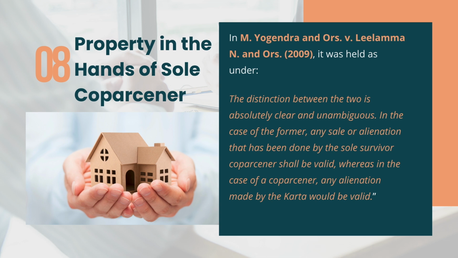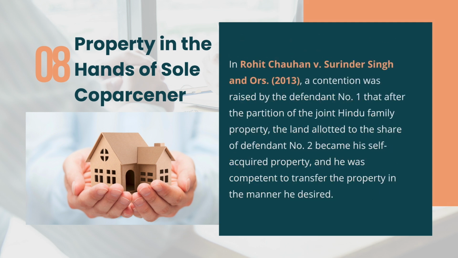In the case of the former, any sale or alienation that has been done by the sole surviving co-partner shall be valid. Whereas, in the case of a co-partner, any alienation made by the karta would be valid. In Rohit Chauhan versus Surendra Singh and others, 2013, a contention was raised by defendant number 1 that after the partition of the joint Hindu family property, the land allotted to the share of defendant number 2 became his self-acquired property, and he was competent to transfer the property in the manner he desired.